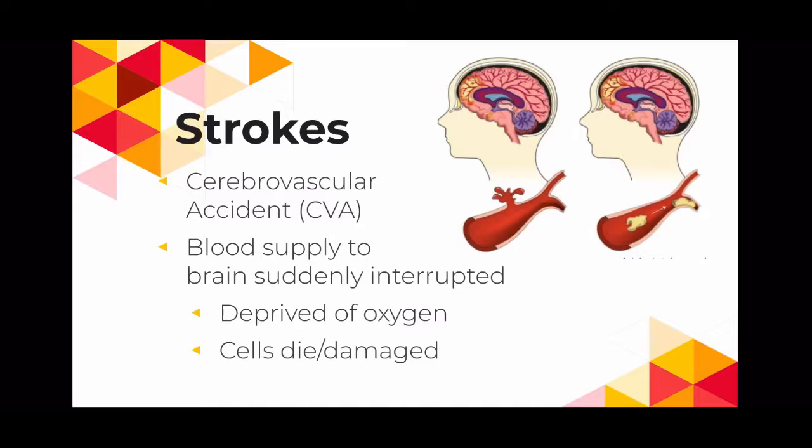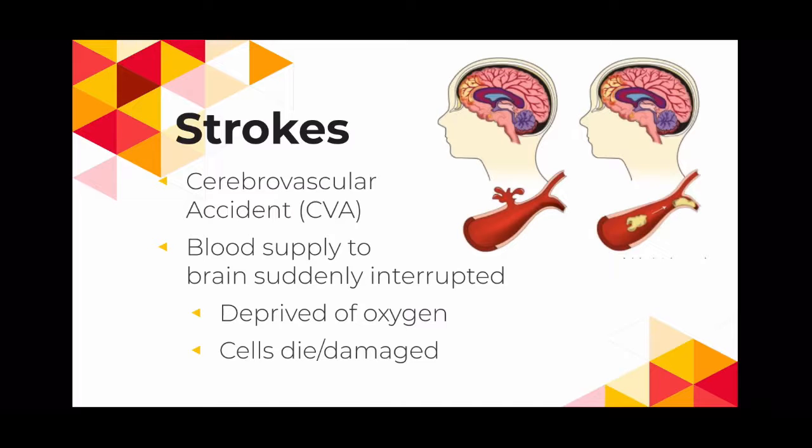So if the blood is not getting to the brain in an efficient manner, that is depriving the brain cells of oxygen. And if brain cells are deprived of oxygen, it causes them to become damaged. And if treatment is not sought in a timely manner, those brain cells can eventually die. And once brain cells die, you can't get them back.